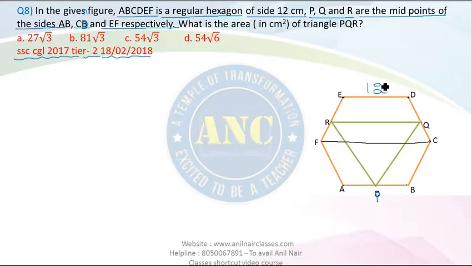That means if ED value is 12, this particular FC value is 2 times 12. If I call the midpoint M, FM will be equal to 12. MC also will be equal to 12 because it's a regular hexagon. So FC value will be 12 plus 12, I can say it as 24.